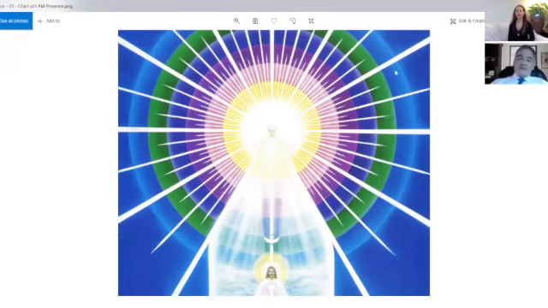So energy that is of the nature of the will of God, of the divine blueprint, of power and protection, is stored in the blue sphere. And energy that is of the nature of truth and healing and science and abundance is stored in the green sphere. And energy that is of the nature of wisdom and the illumined mind and enlightenment is stored in the yellow sphere. So all energy types are qualified and stored accordingly.